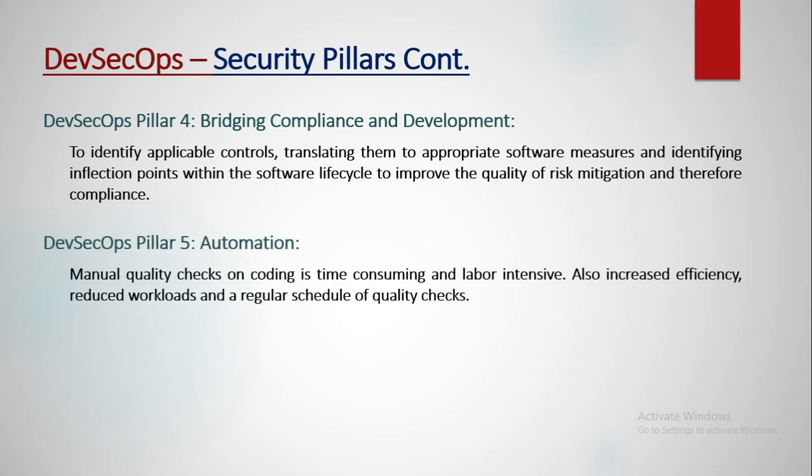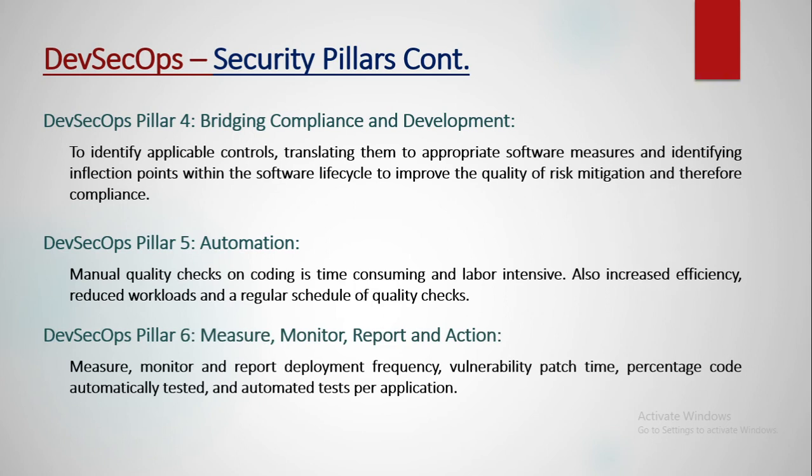Fifth one is automation. Through automation, we can easily avoid manual coding errors and introduce automated security practices. Through this, they can reduce manual processes, easily increase software efficiency and minimize rework. Last one is the measure, monitor, report, and action pillar.